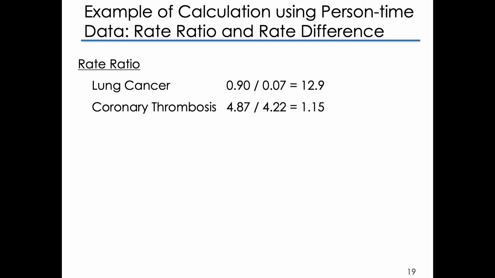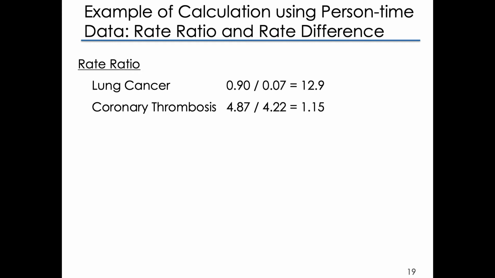For coronary thrombosis, the rate of death among the non-smokers is really quite high, 4.22 per 1,000 person years. So among the smokers, 4.87 per 1,000 person years does not give us a very high rate ratio for coronary thrombosis death.